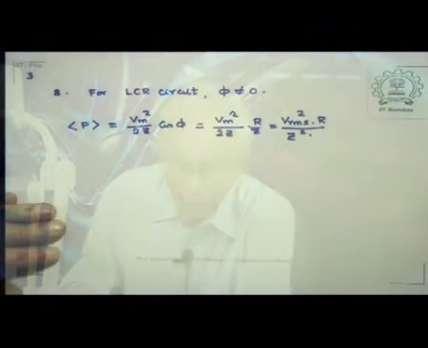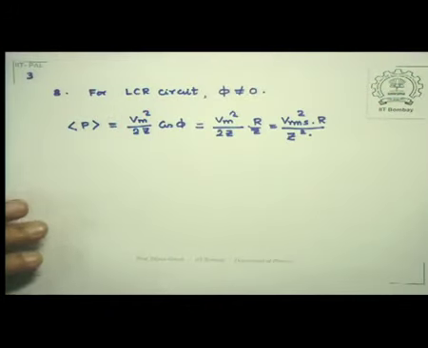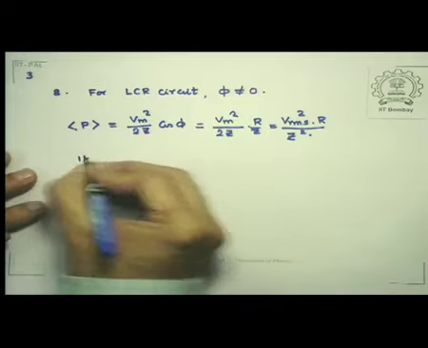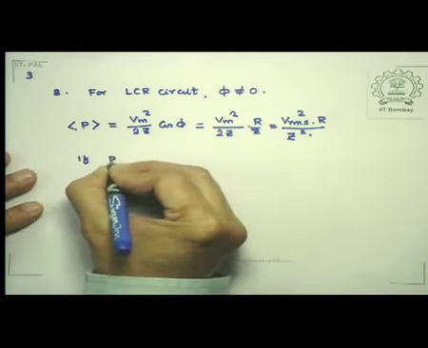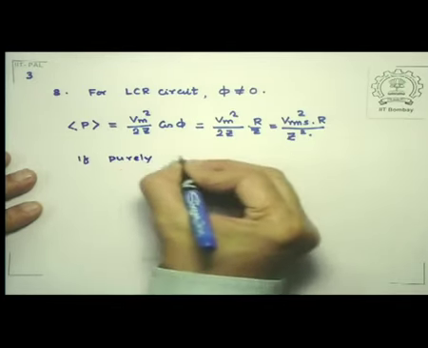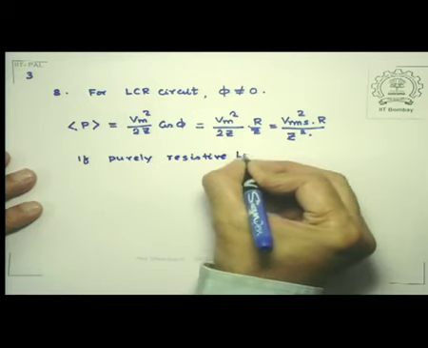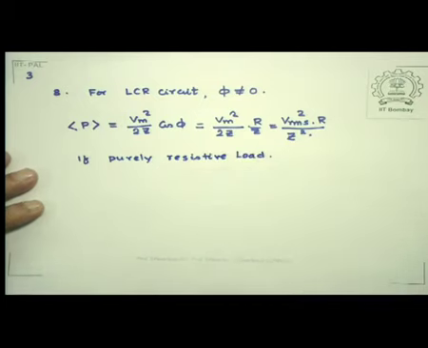So what we said is that the power factor is related to the phase angle between the current and the voltage. Now if we have a purely resistive load, we know that the voltage and current are in phase.